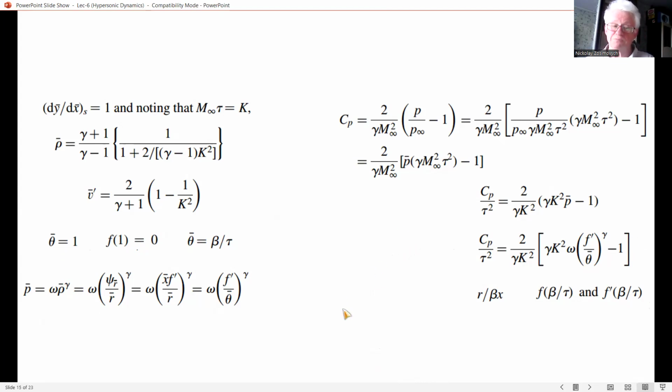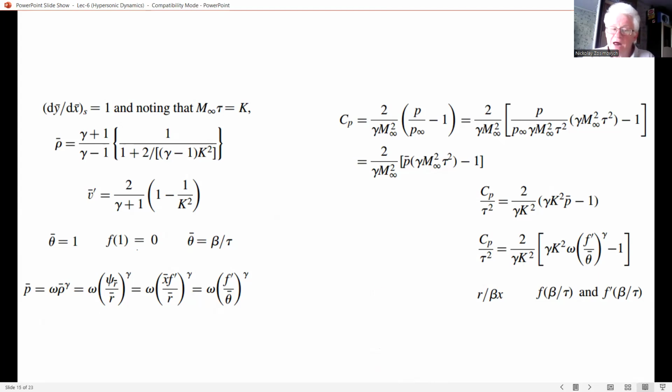The numerical solution to the preceding problem was first obtained by Van Dyke. Van Dyke's formulation differs from our preceding derivation in that he defined k as M infinity times beta, and utilizes beta instead of tau, as usual, in the non-dimensional variable. And this has an advantage in the numerical solution, because his conical coordinate is defined as r over beta times f, in contrast to our r over tau.